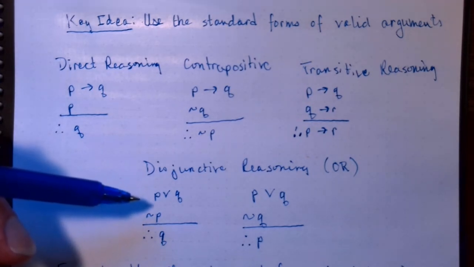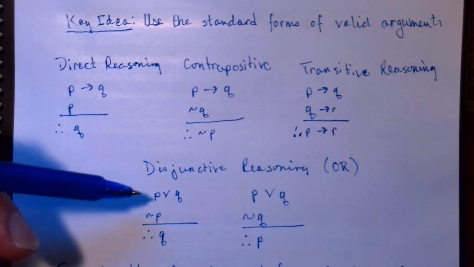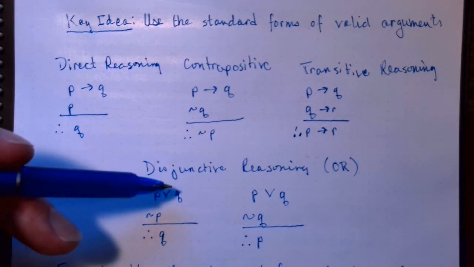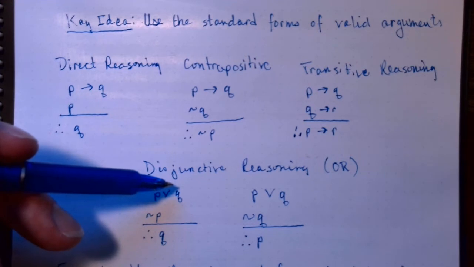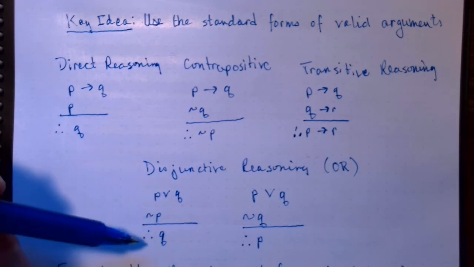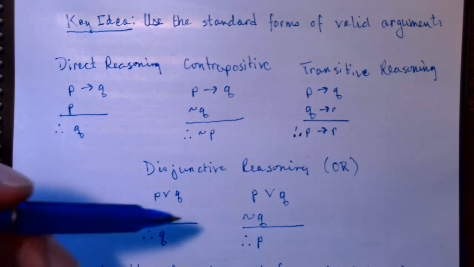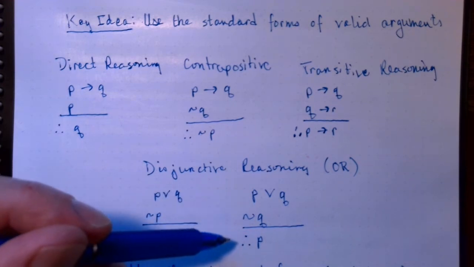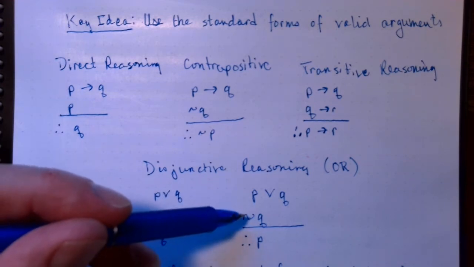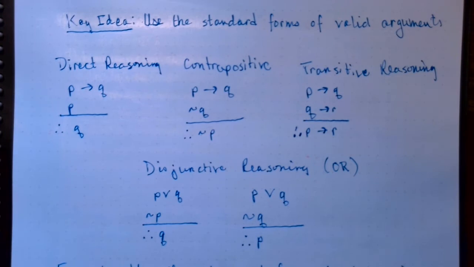You either come to practice or you're off the team. No practice, therefore you're off the team. And this is a similar setup, just with not Q instead of not P. So there are a couple of ways we can use these standard forms to help us understand whether arguments are valid or not.